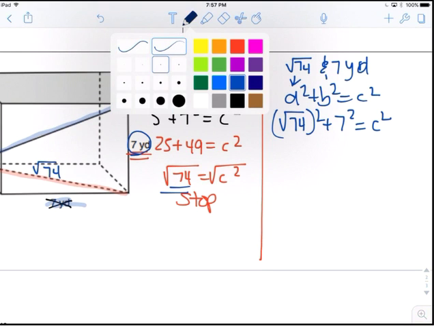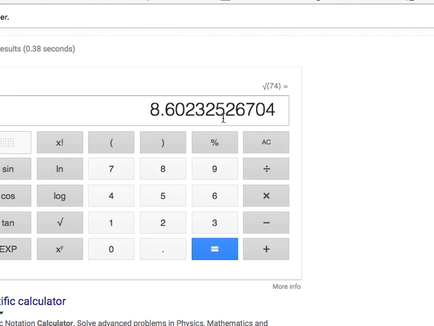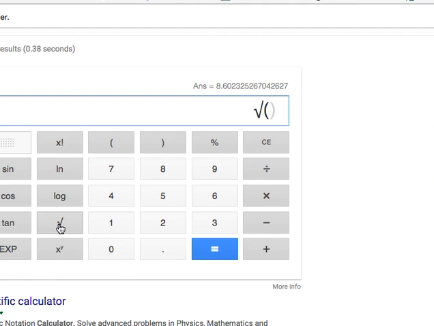Now if you put in your calculator the square root of 74 squared, you will get 74. Let me show you. Clear it. The square root of 74 squared, to the power of 2, equals.